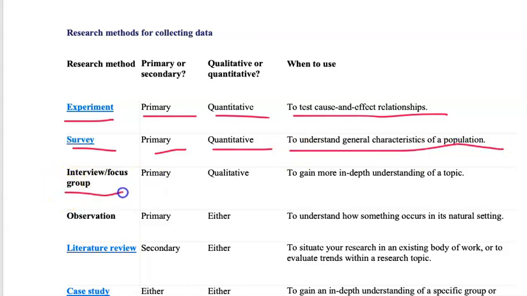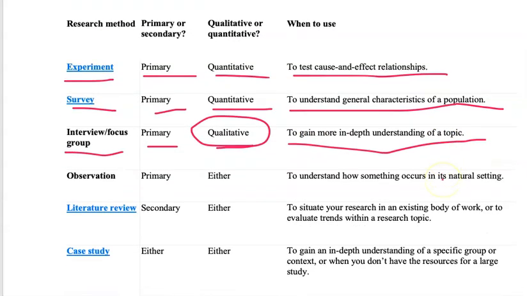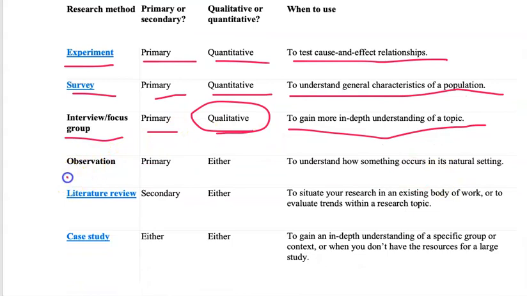Interviews and focus groups are also primary methods. They are qualitative methods. To gain a more in-depth understanding of a topic or subject, we do focus group interviews. Observation is another primary method. It can be either qualitative or quantitative, to understand how something occurred in a natural setting.